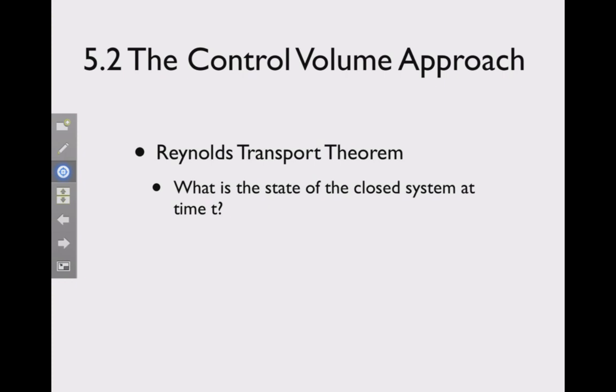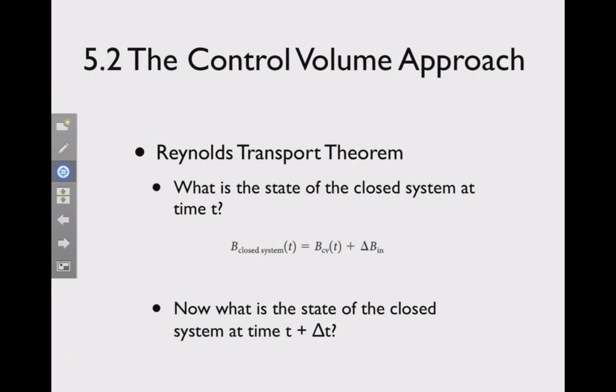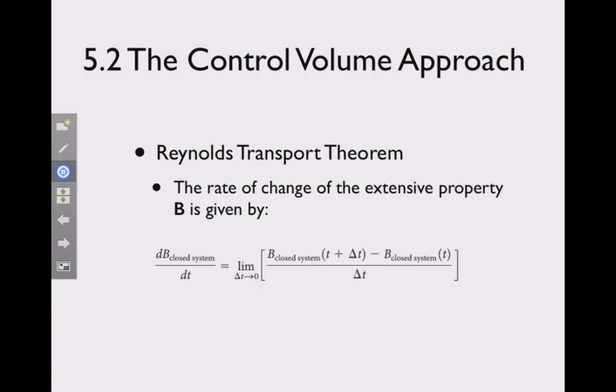So what is the state of the closed system at time t? It's this. The state of the closed system is just going to be the amount of stuff in the control volume plus this little delta B that's going to go in. Okay? What is the state of the closed system at time t plus delta t? It's just the same thing, except now we have the state in the control volume at time t plus delta t, and we have this B out on the other side that's come out.